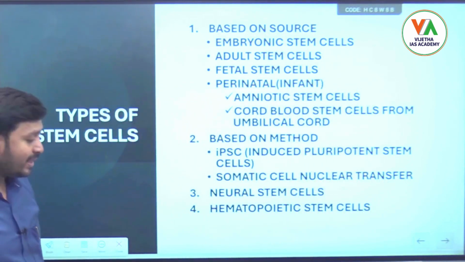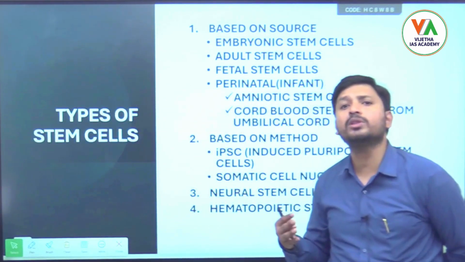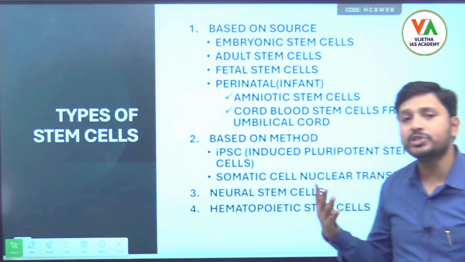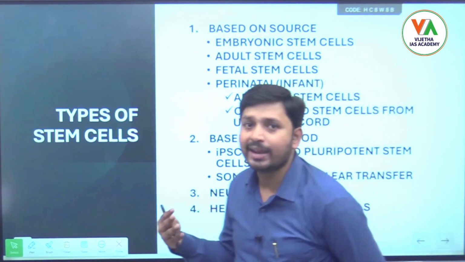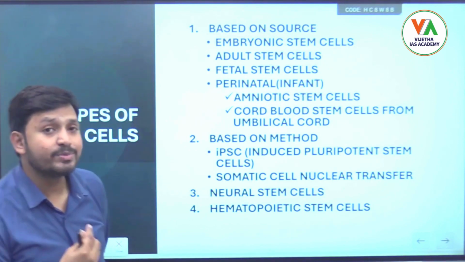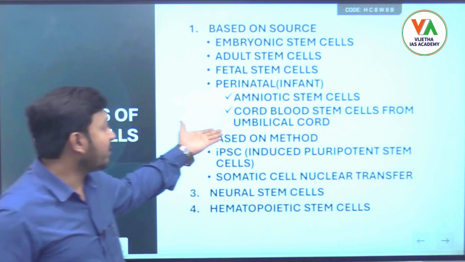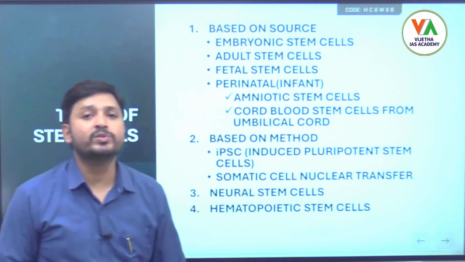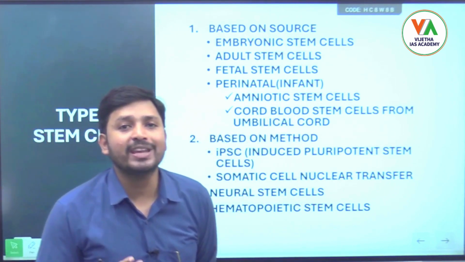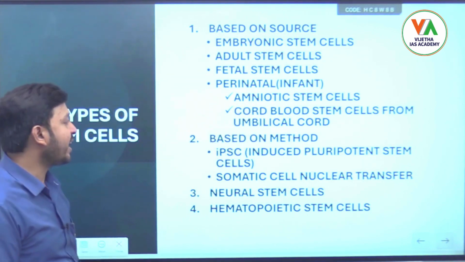These days it has become very popular that every doctor is asking to store this cord blood, because in future if your child has any health issue, we can use these stem cells to treat the baby. Because of that, cord blood stem cell storage has become very popular in recent times.